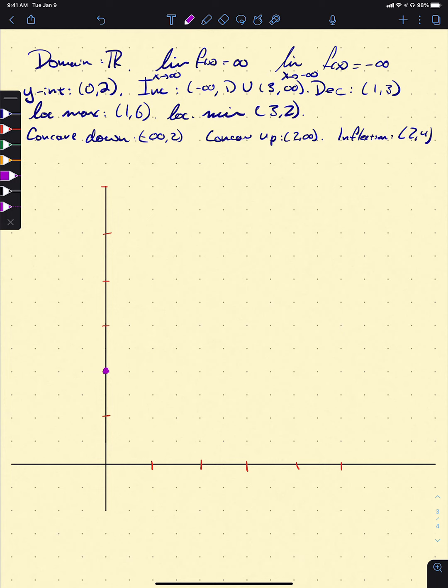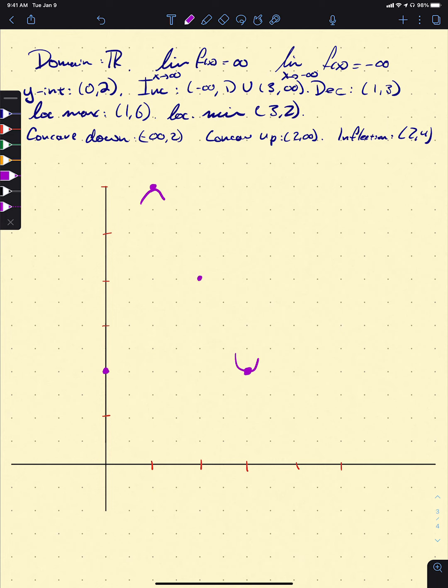We know that we have a local max at 1, 6. We can just do that to sort of remind us of its behavior. We know we have a relative minimum at 3, 2, something like that. And we know we have a point of inflection at 2, 4.